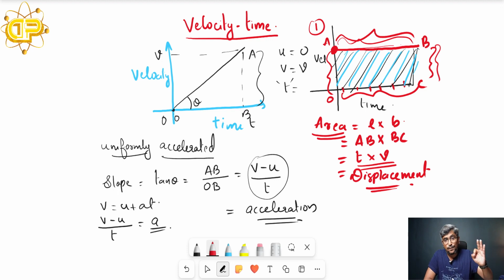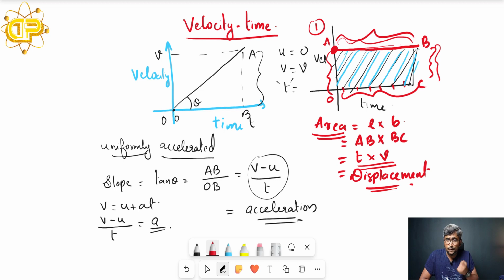And next, if you're finding a graph that is a straight line parallel to the time axis, then that object is having zero acceleration, or it is having a uniform motion. It is not uniformly accelerated motion, it is uniform motion where the acceleration is zero. And the next thing is that if you're finding out the area under that particular graph, then you will get the displacement of the object. These are the informations that you are getting out of a velocity time graph.